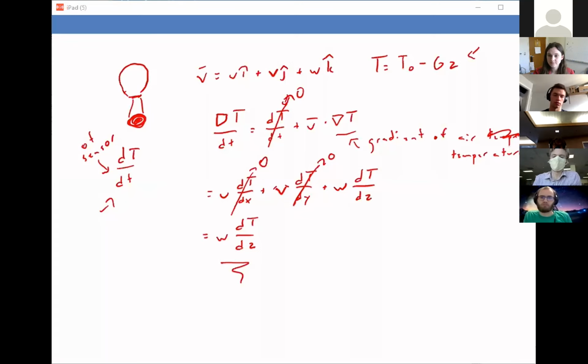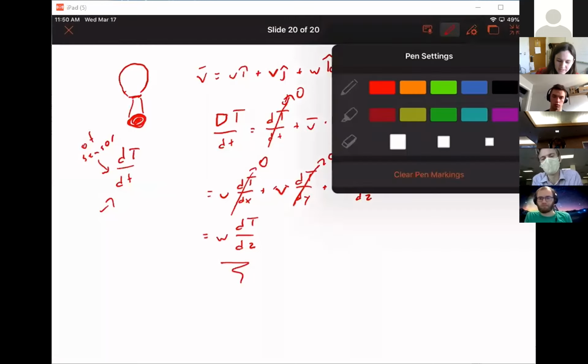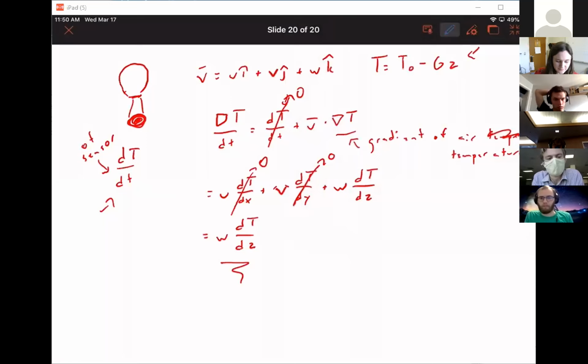So something else that confuses me is how the dT/dt is 0, yet we're getting not 0. I guess I'm confused about the difference between. So that's one of the reasons we defined this in the first place, because I wrote big DT/Dt of the sensor.